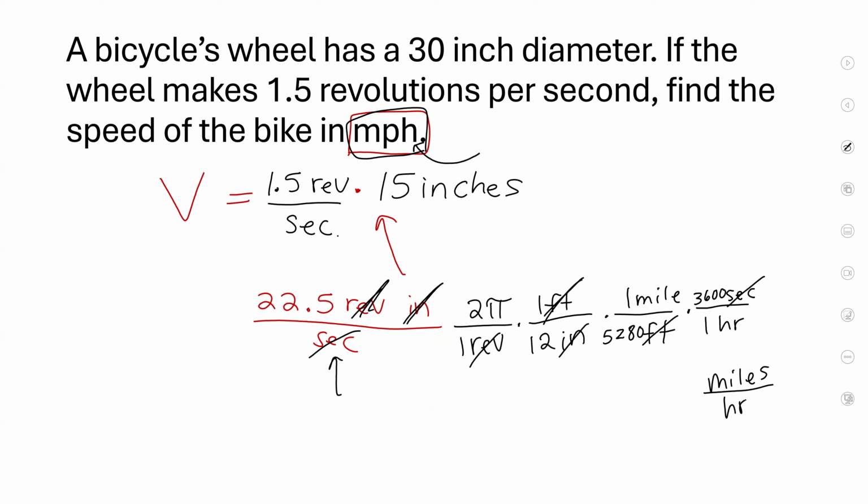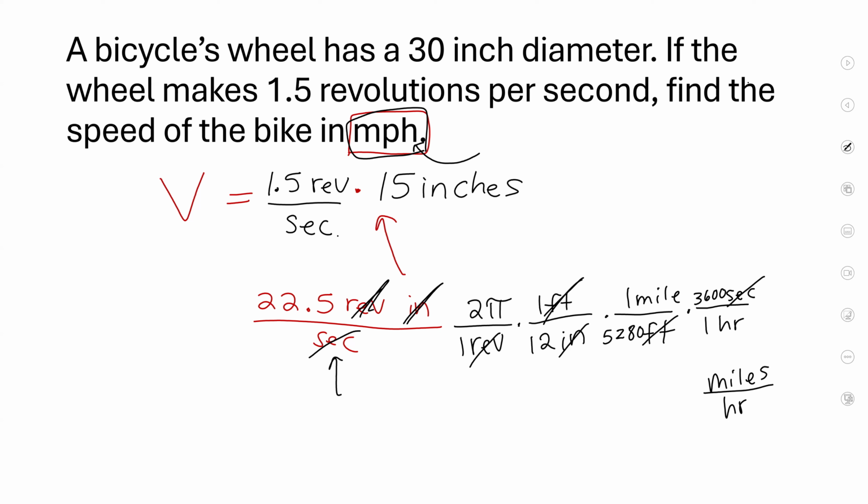Now, go ahead and grab your calculator, please. We're going to calculate what this is. I'll grab one too. So in your calculator, type in 22.5 times 2 times, hit your pi button, times 3,600.